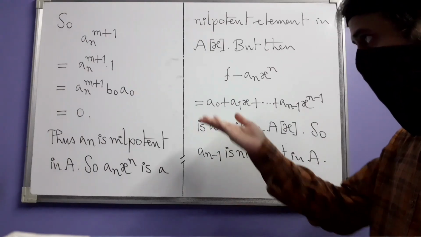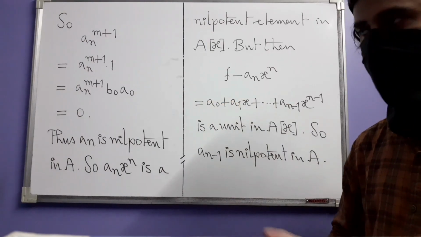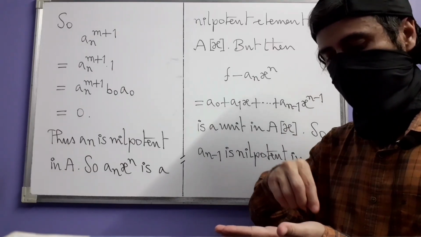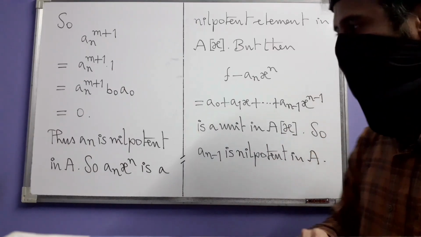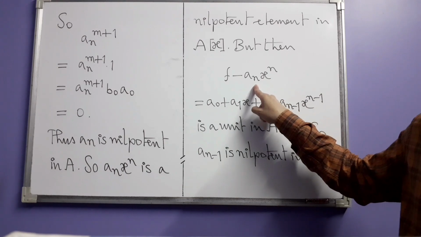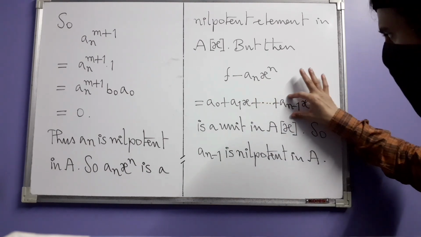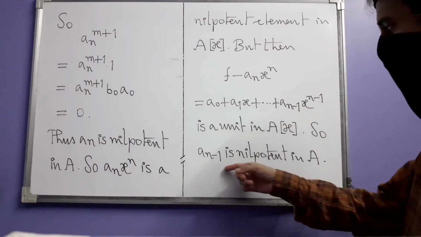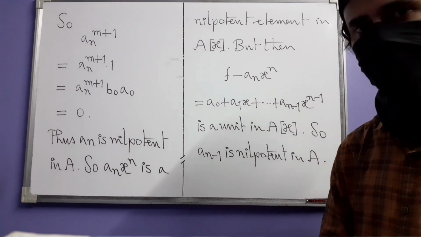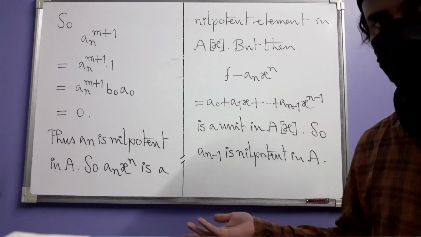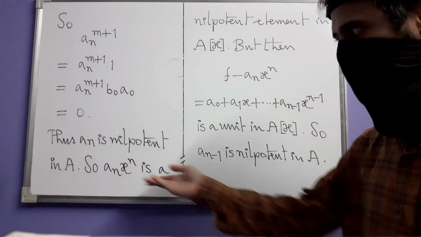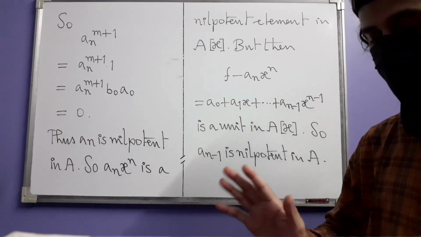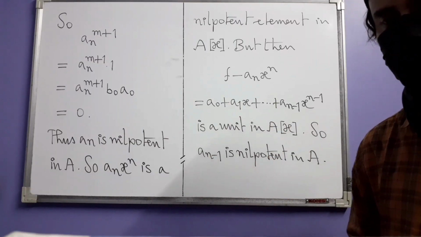So what did you prove just now? That if a polynomial is a unit, then its leading coefficient is a nilpotent element. This is a unit now, and it's a polynomial, and its leading term is a_(n minus 1). So similarly, a_(n minus 1) is also nilpotent in A. And now you can clearly see that you can continue this until all the coefficients are exhausted.